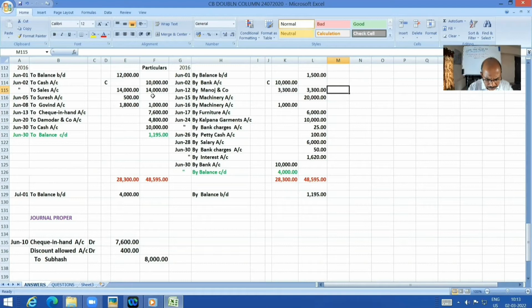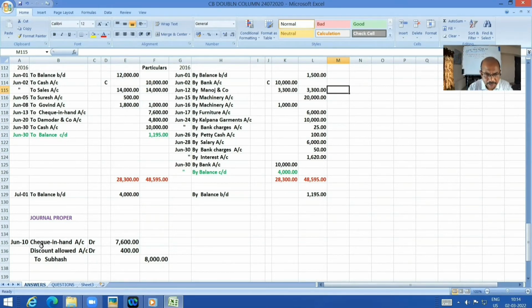June 5. Next one. Purchase goods for ₹7,000 on June 3rd from Manoj and company on credit. You know, a purchase on credit doesn't get qualified in the cash book. It is taken into the purchase book. I'm afraid in the previous video, I must have shown credit purchase and credit sales through the journal proper.